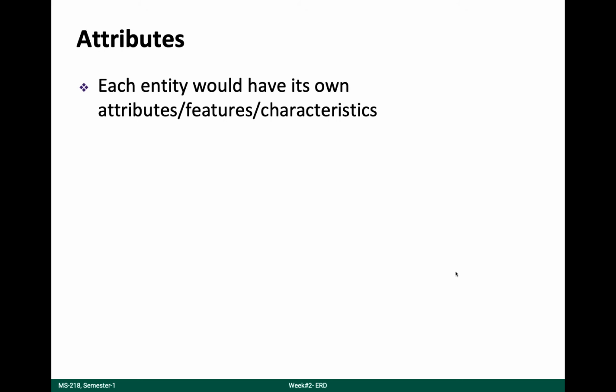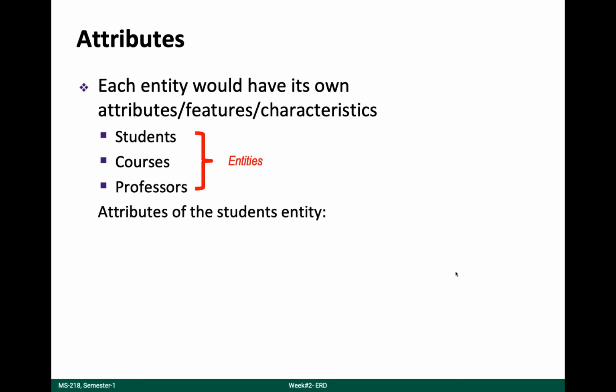But for NUIG, it could be only one or two. So it depends case to case, and our user requirements or business rules would define what the important characteristics or attributes are that we would be saving in a database about any particular entity.